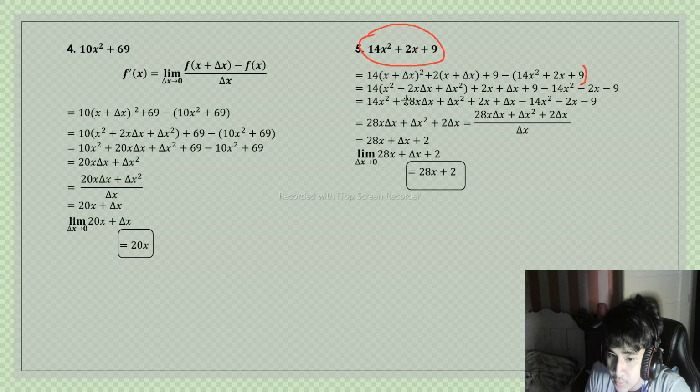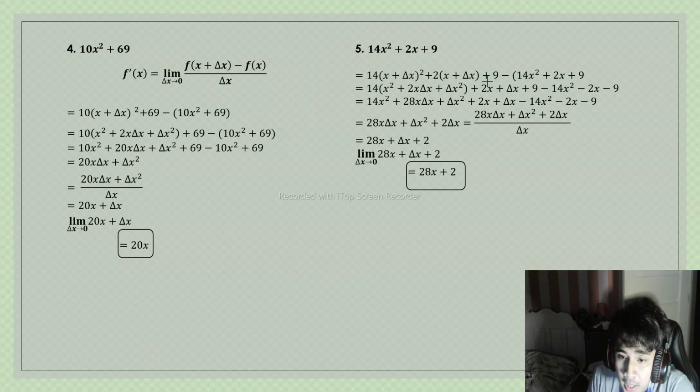Yung una, i-square natin. X squared plus 2x delta x plus delta x squared. Yan, tapos distribute. Ganun din sa kabila, i-distribute din natin.